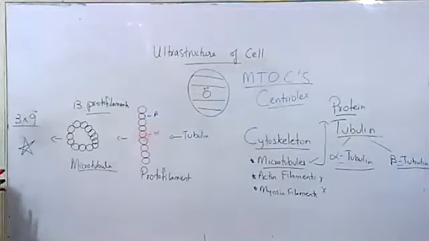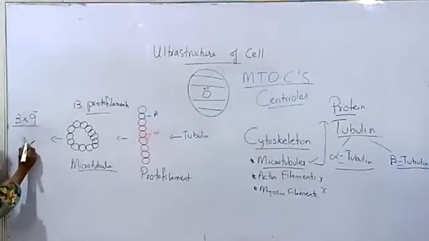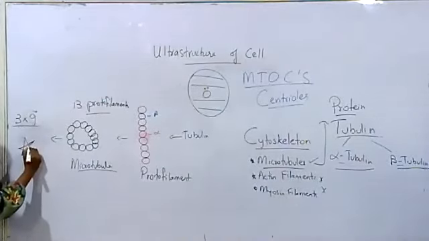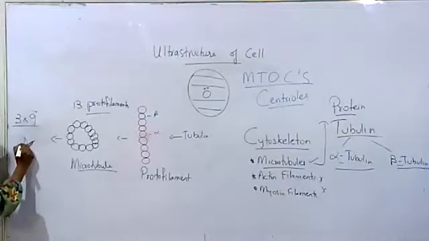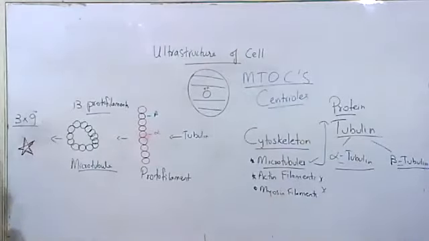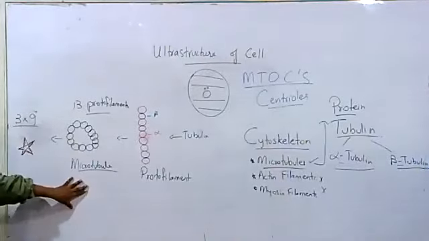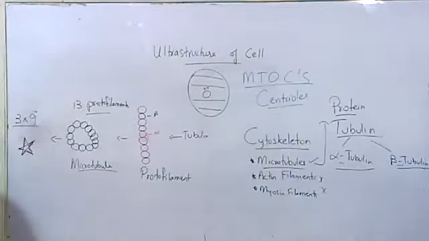Now what happens? 9 rows. 1, 2, 3, 1, 2, 3, 1, 2, 3, 1, 2, 3, like this. That's how they arrange themselves. And what do they form? They form a centriole. Three sets of microtubules in 9 layers, and they form what? A microtubule. Sorry, a centriole is formed.